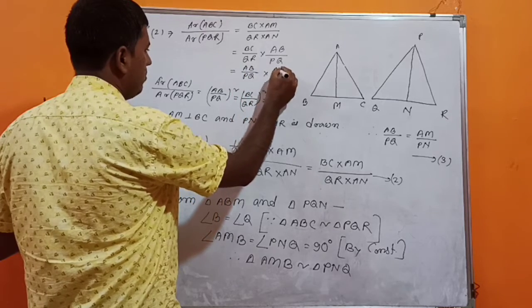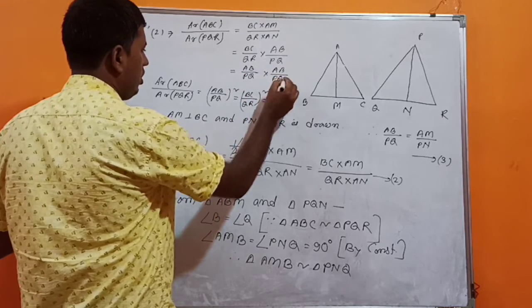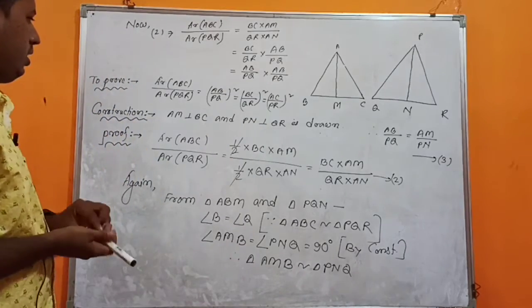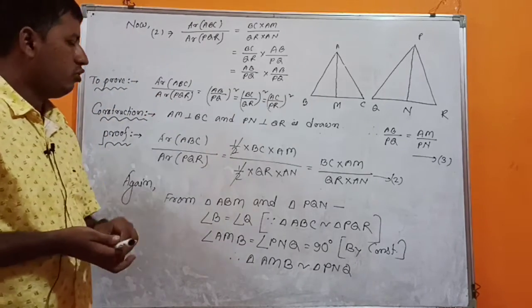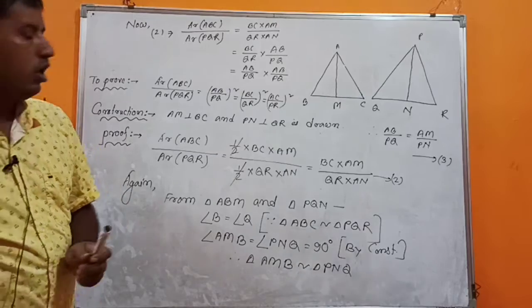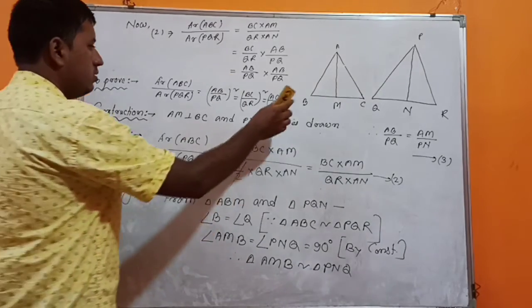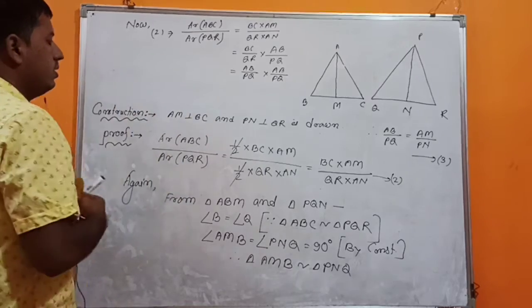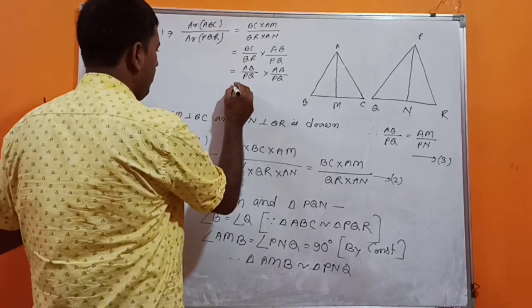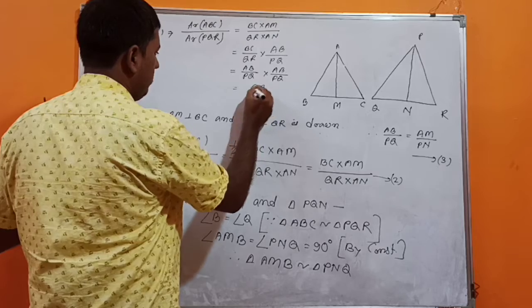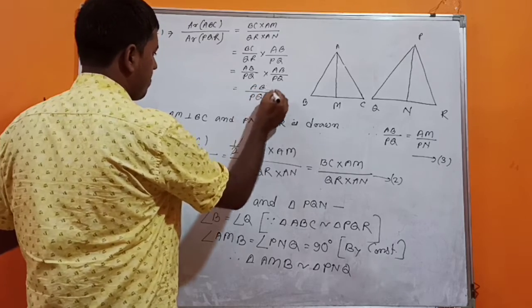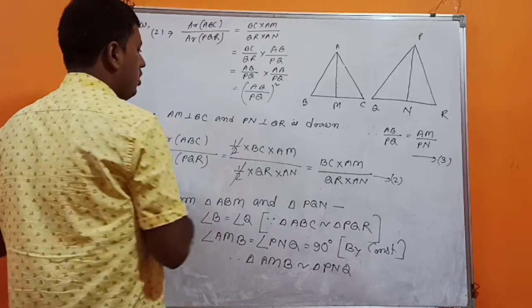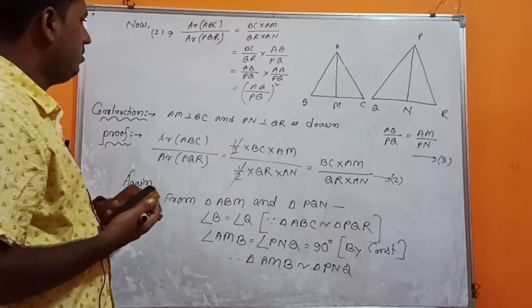into AB by PQ. Okay, so I am also now erasing this portion. Please note down simultaneously. This will be AB by PQ whole square. So I am saying the things again.